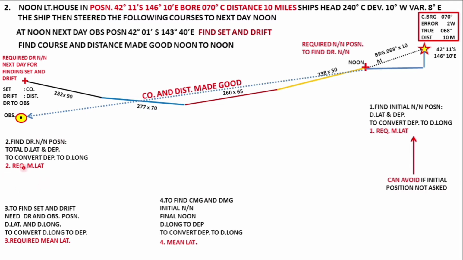I'm doing it here also, here also, here also, in 3-4 places. So if this position was really not asked, I won't go about calculating it, so I would be able to avoid this part of converting it into mean lat.